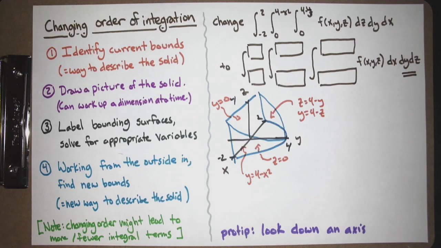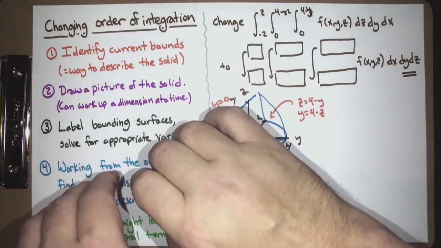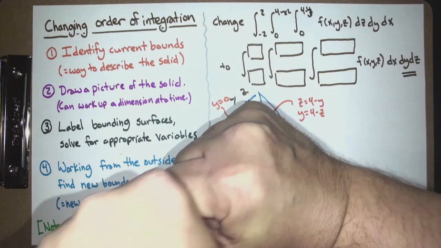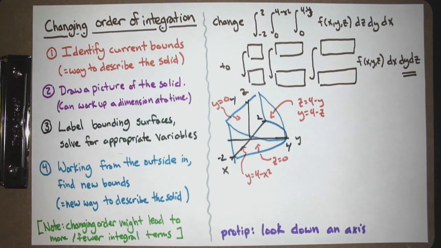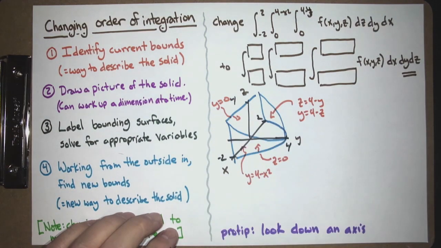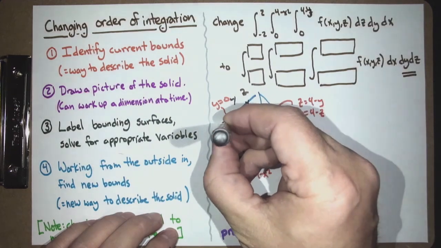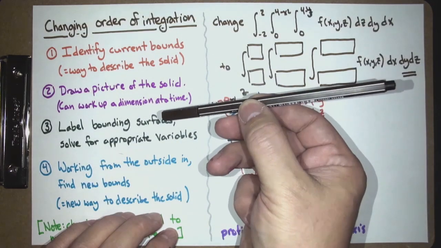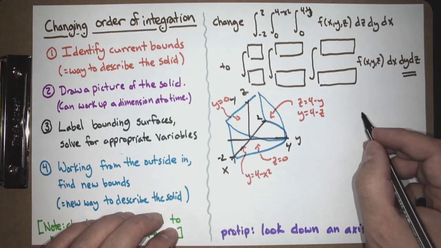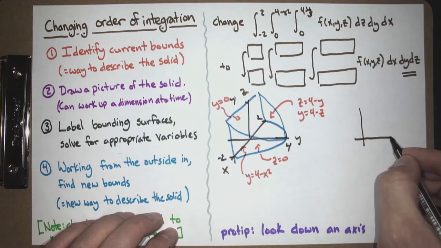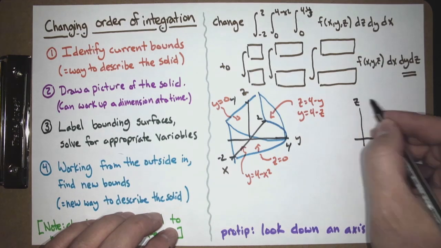So what I'll do is grab a hold of the x-axis and pull it, so we're turning so that we look straight down. If you're looking straight down, then the axis, which is a line, becomes a point. So as we look straight down the x-axis, we only see the y and the z.